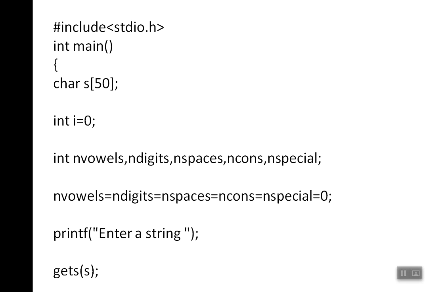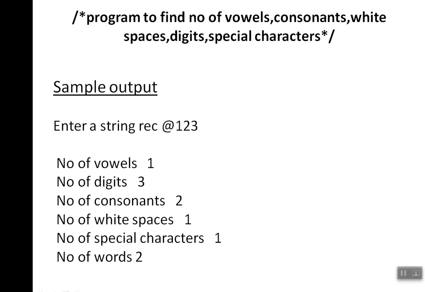Now I'm going to check what we are doing. First we are taking R. So I'll check whether R is a vowel or a digit or a consonant or a white space or a special character. Then I'll check with E, then C. So how long will I be doing it? Until I encounter \0. You know, after 3 we have \0. This length is going to be 1, 2, 3, 4, 5, 6, 7, 8.